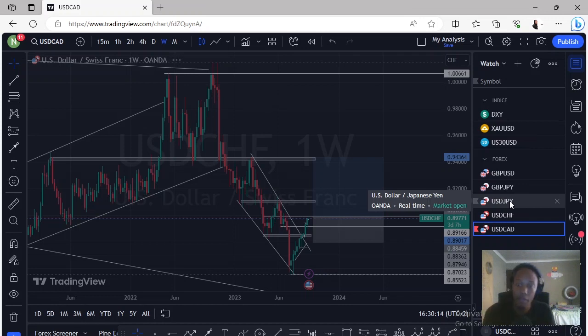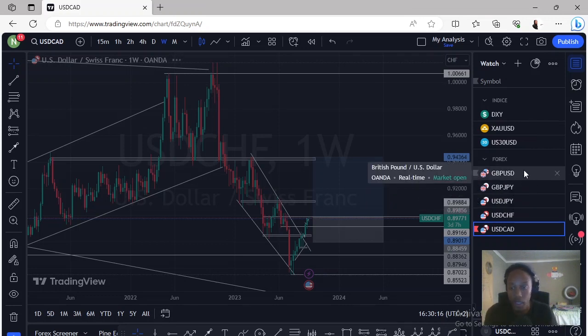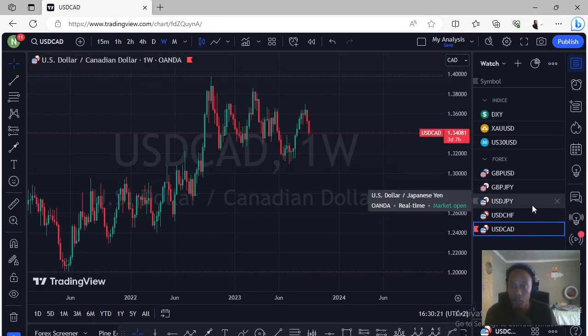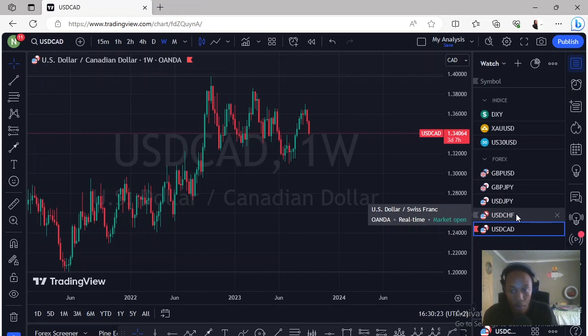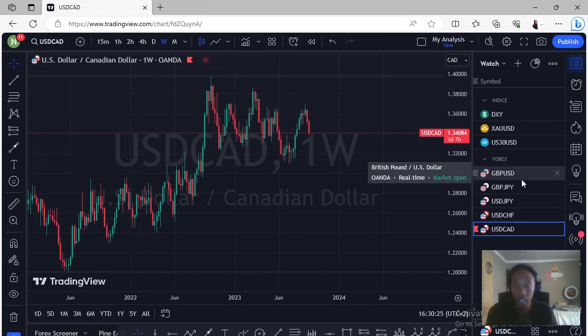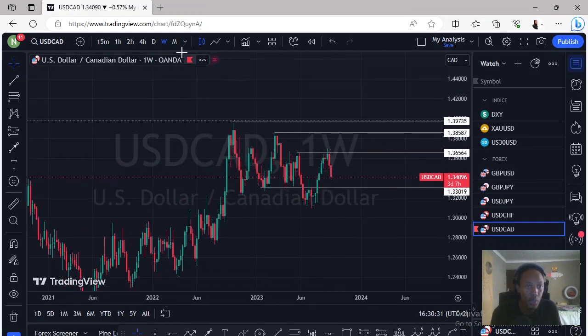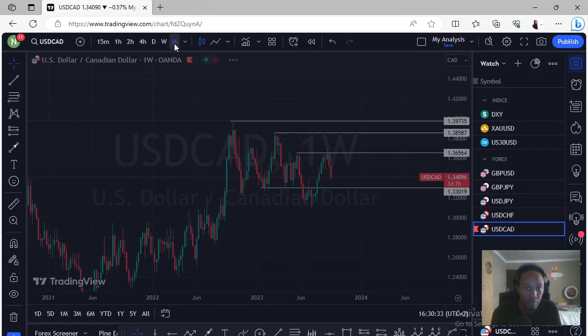You can see my first priority is GBP USD, second one GBP JPY, third one is UJ, fourth one is UC, then the last one is USD CAD. So on USD CAD, this is what we have. Let me go to the monthly and get a market overview.